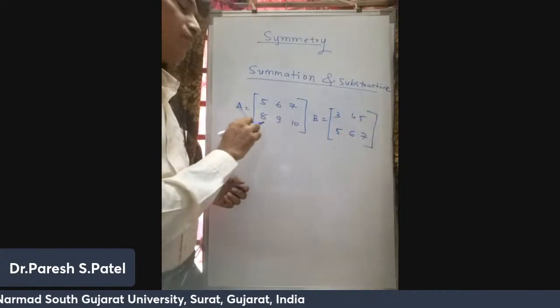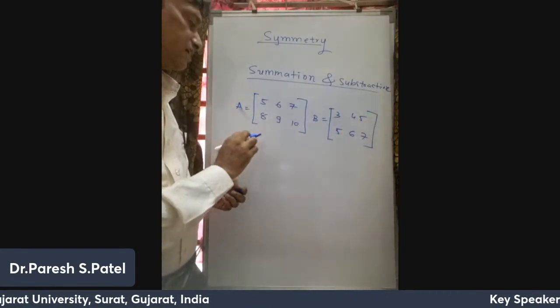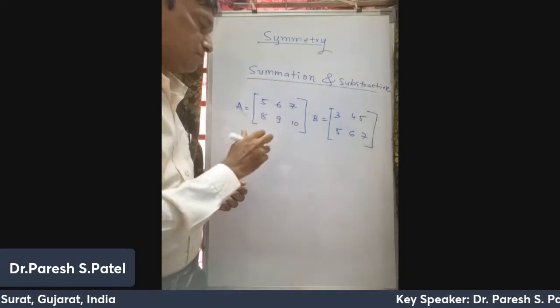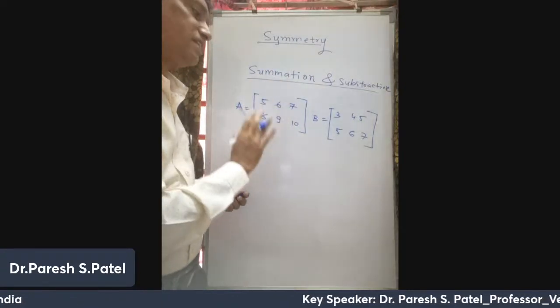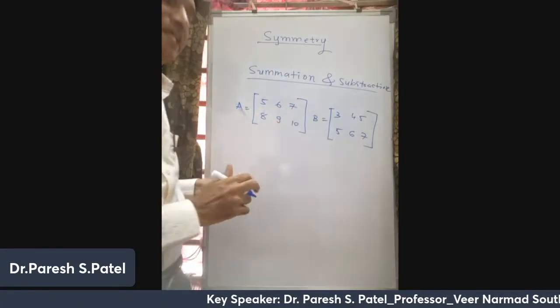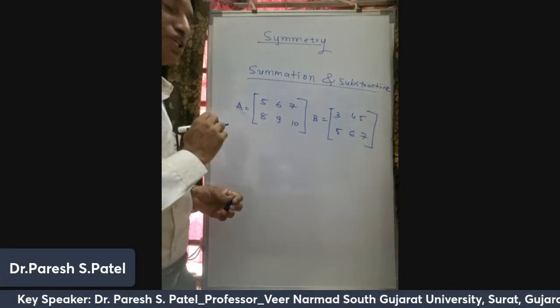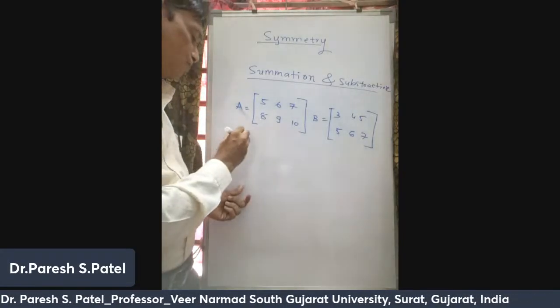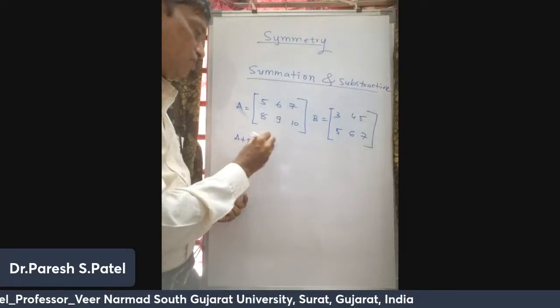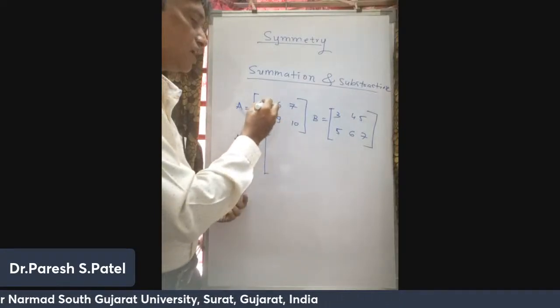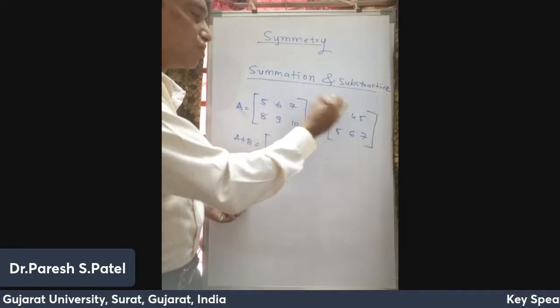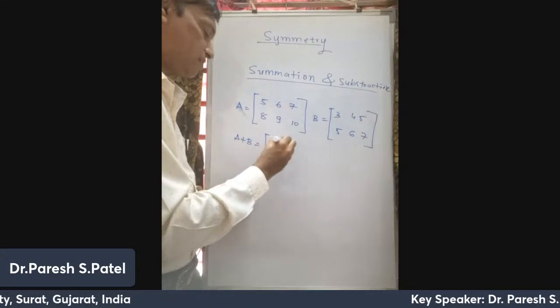So here, in the case of matrix A, there are 2 rows and 3 columns. It means the dimension of this matrix is 2 by 3. And matrix B is also 2 by 3. So here summation and subtraction are possible. If you go for A plus B, it is the first element of the first row and first column, so 5 plus 3.